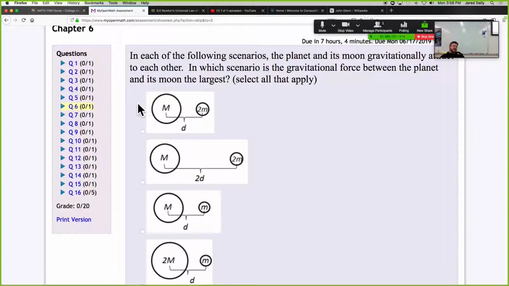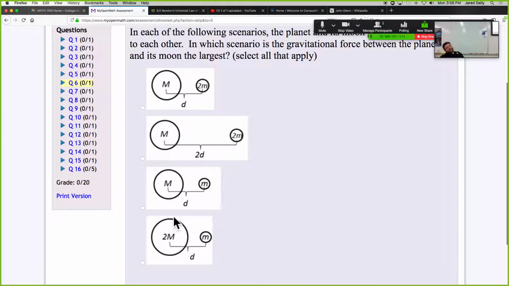So for this first one, you would have big G times big M times 2 times little m divided by d squared. Each one of the equations is going to have a big M in it and a little m in it and a d squared in it. What you've got to do is figure out which one has the biggest number out in front, from the 2's here.